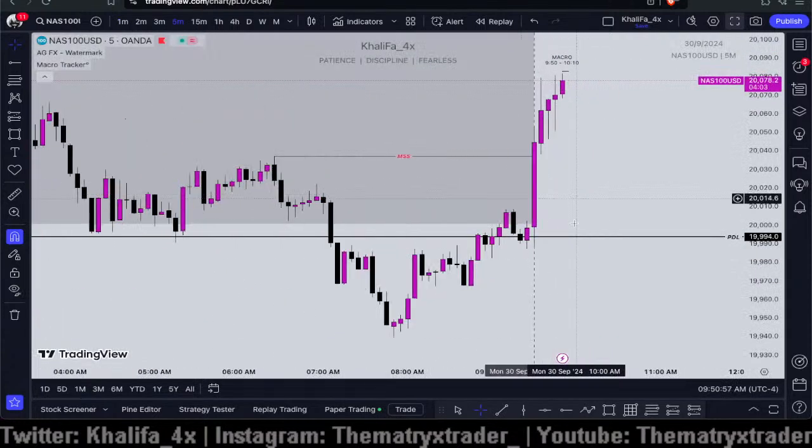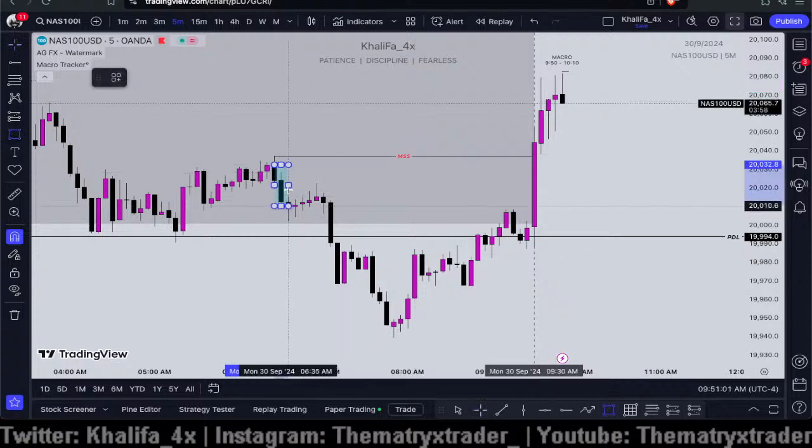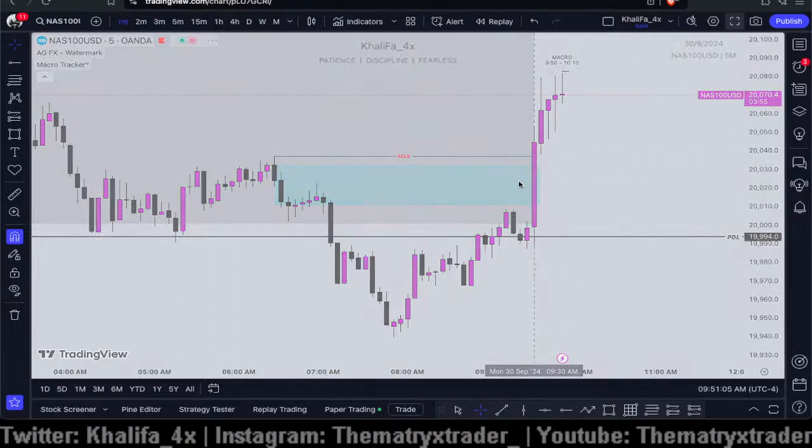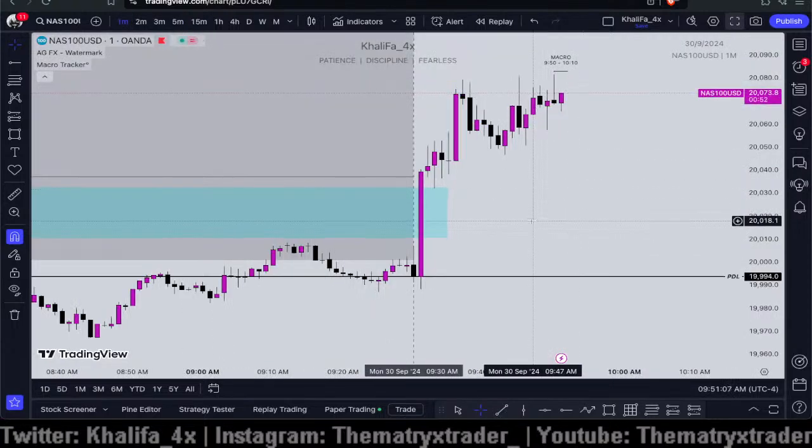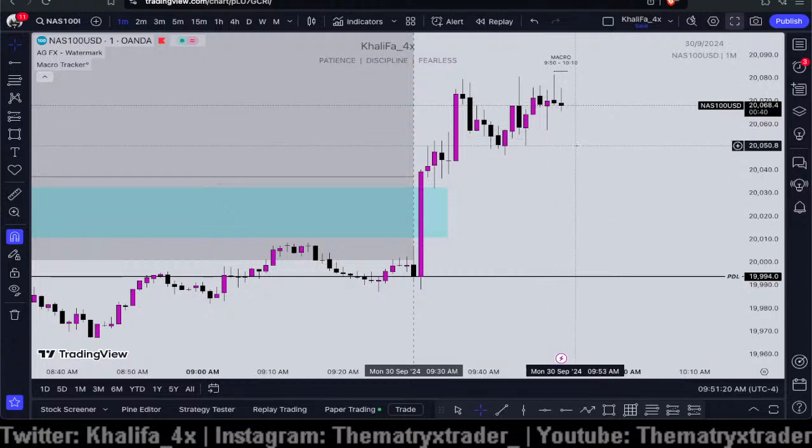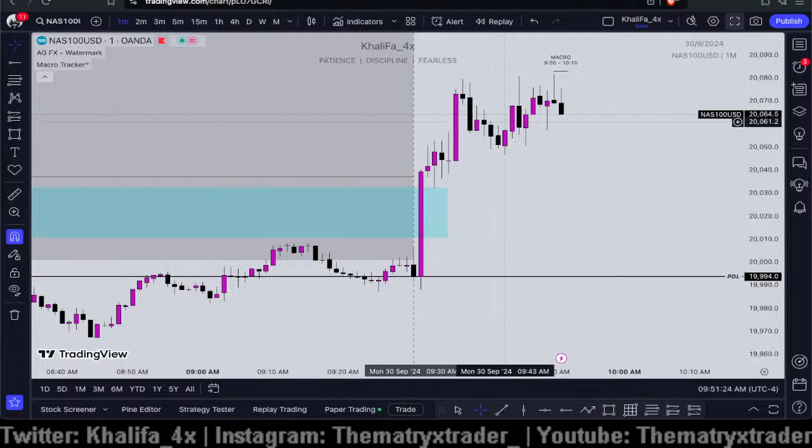I think this is gonna be our real nice breaker. Yes, folks. If it does close below this, I will consider this as our breaker block.